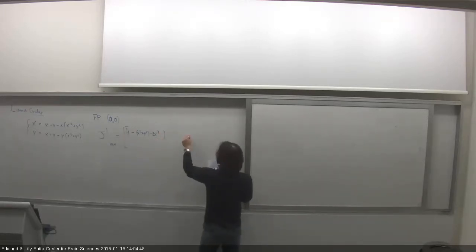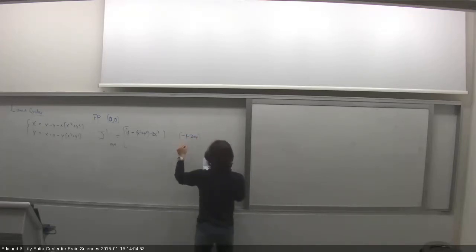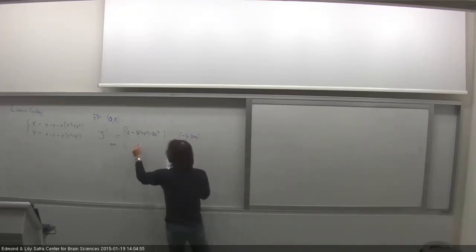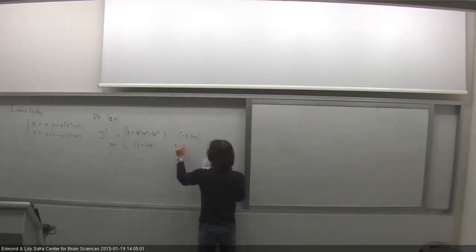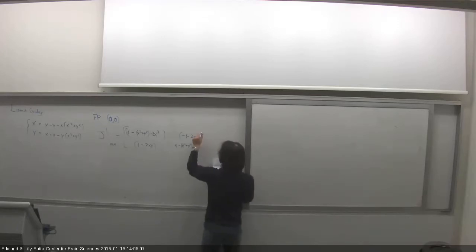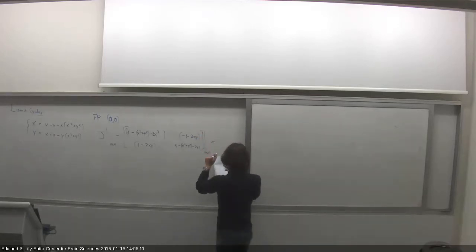Here I have minus 1 minus 2xy. Here 1 minus 2xy. And here 1 minus x squared plus y squared. That's 2y to the third. And then evaluate this at 0, 0.